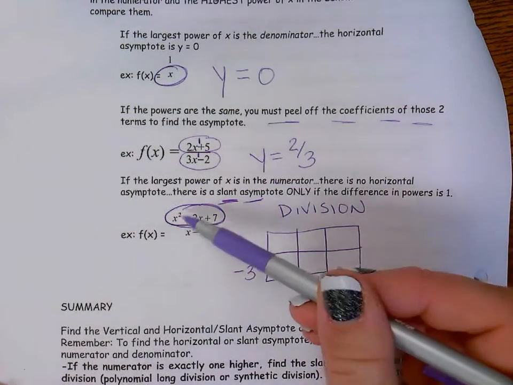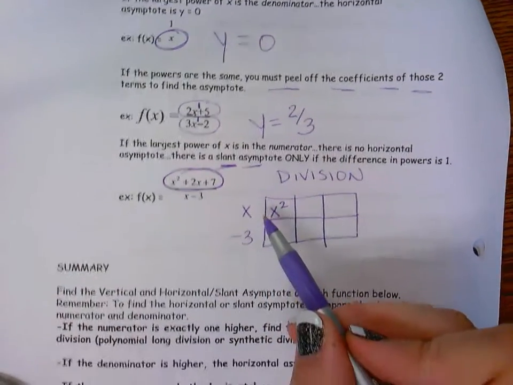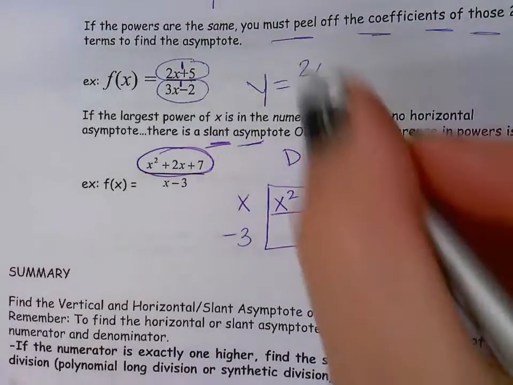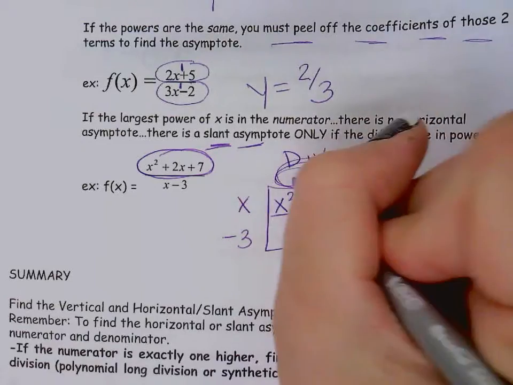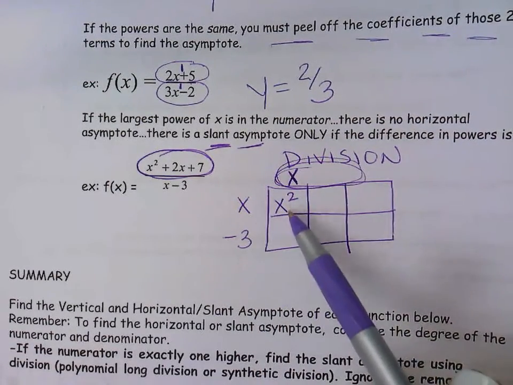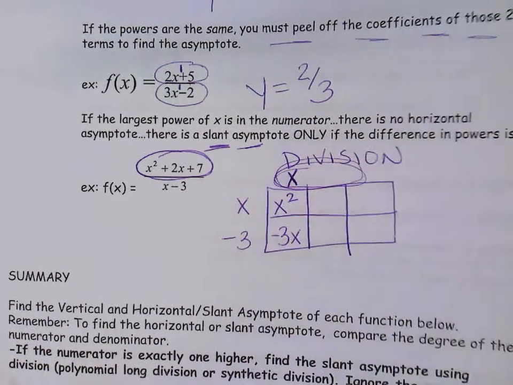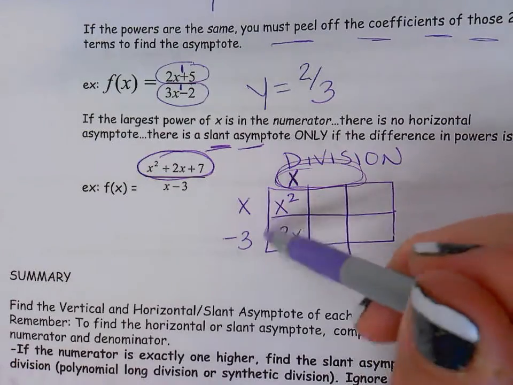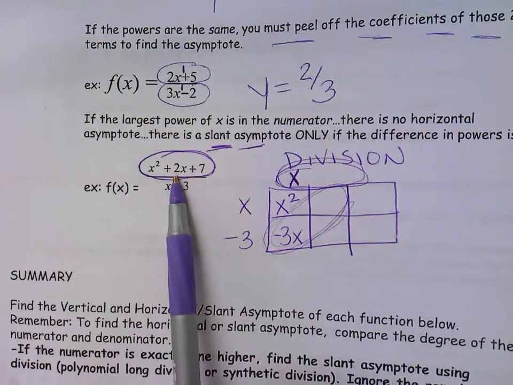You put x squared in the first box, right? You've got your divisor on the outside of the box. And so in your quotient, this is going to be your asymptote up here, would go just x, right? X times x is x squared. X times -3 is -3x. And you have to force these two boxes to result in this positive 2x.